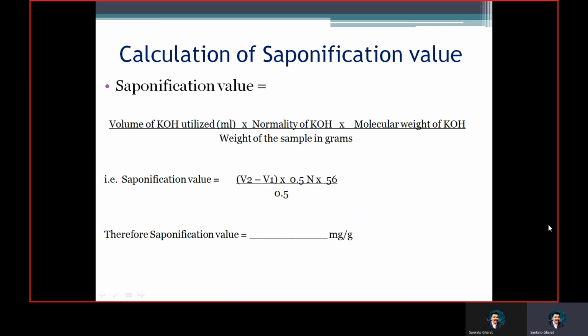You have to multiply this by the normality of KOH. We had used 0.5 normal KOH, into the molecular weight of KOH, that is 56, divided by the weight of the sample in grams. You have taken 0.5 grams of glyceryl monostearate for saponification value. Once you substitute the values of V2 and V1 in the given equation on your screen, you will come to know the saponification value of the given glyceryl monostearate.